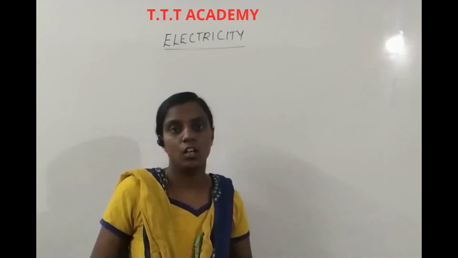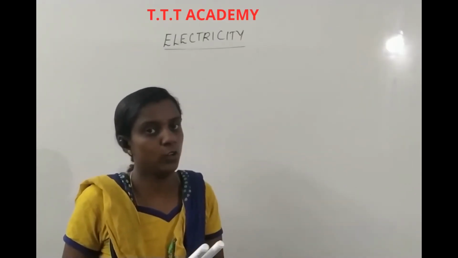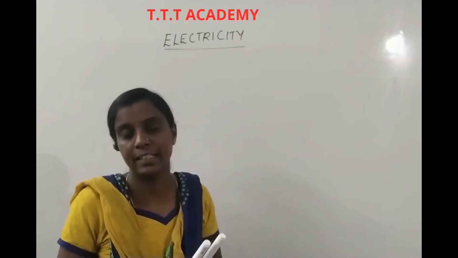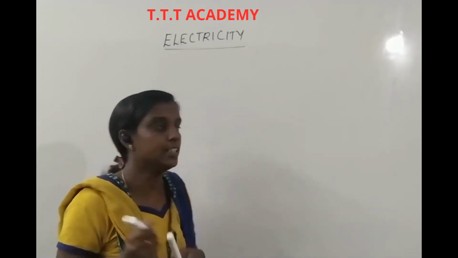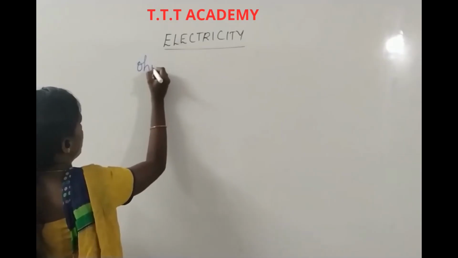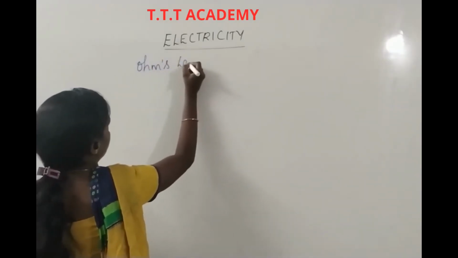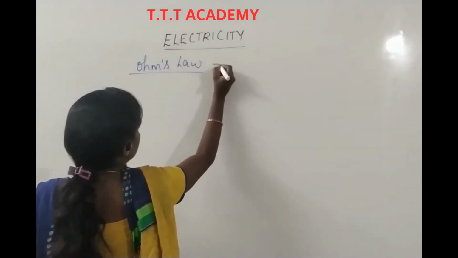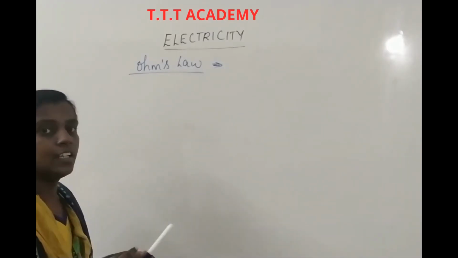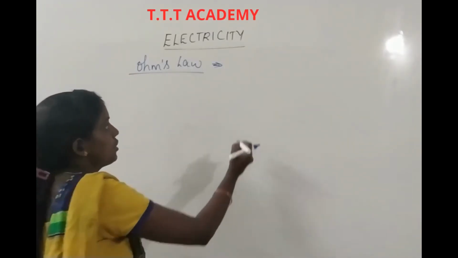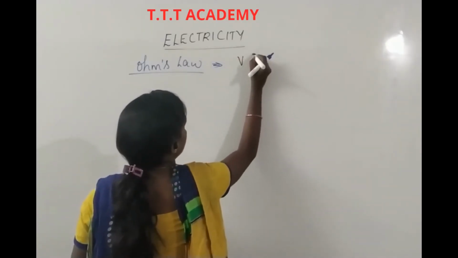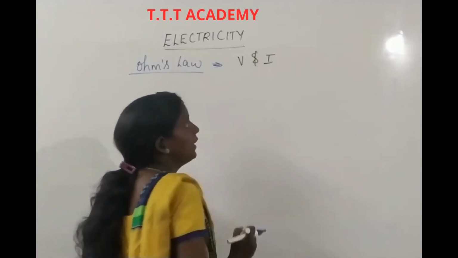Now, we have already come to know what electric current, circuit and potential difference are. The next concept is Ohm's law. Ohm's law is the relationship between potential difference and electric current.